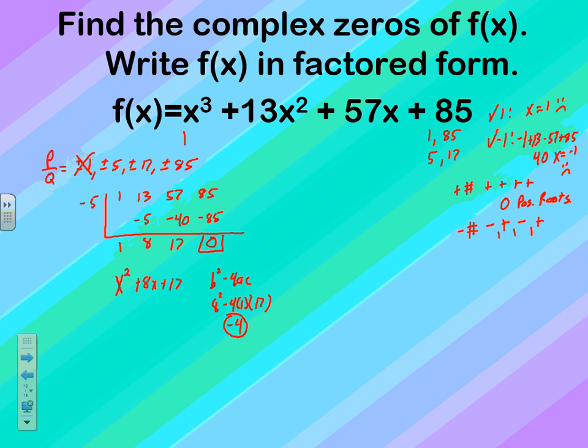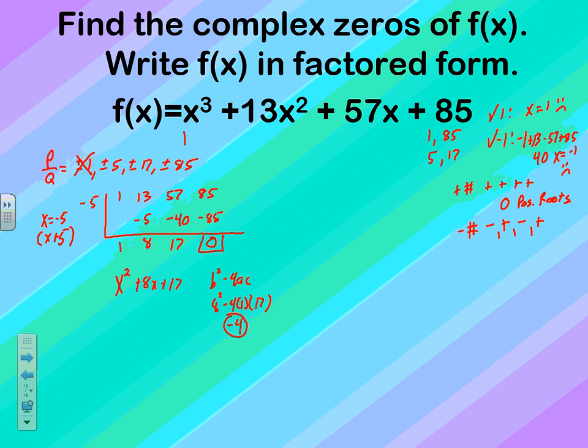Since the discriminant is negative, that tells you that we're going to wind up with two complex numbers. So we got 1, so we know x is equal to a negative 5, which the factor would be x plus 5. And so we know Descartes' rule said we could get at least one of those, maybe 3, but we got for sure 1.